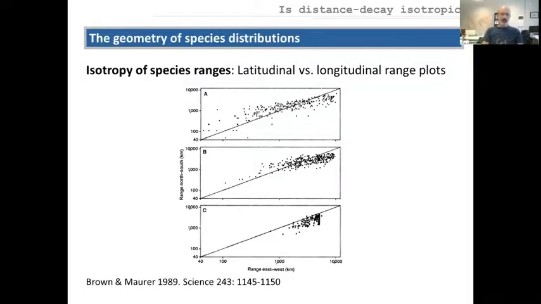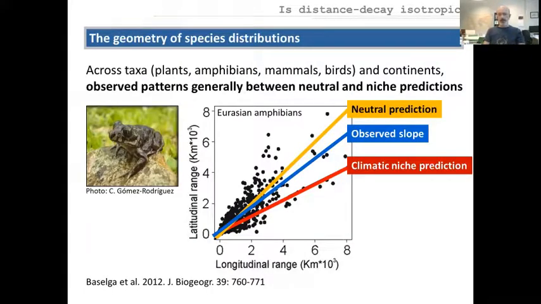Some years later, we have assessed this. I'm showing here just the amphibians, but we did it for many other groups of animals and plants in several continents.